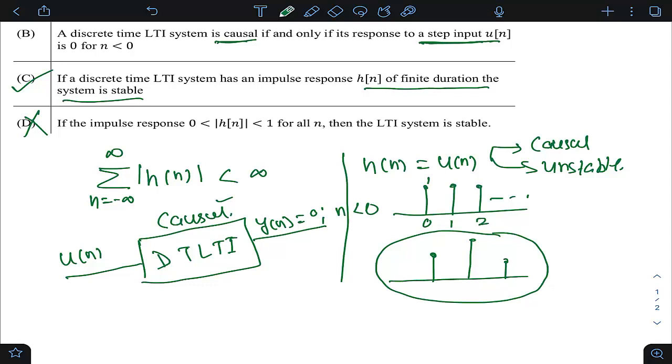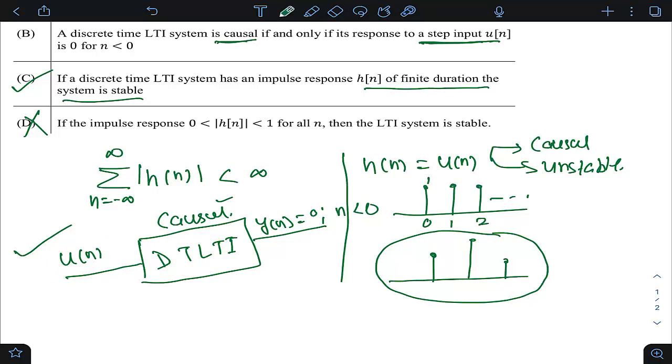Now whether it is true or false, this is definitely a true statement based on the lower limit property. If you are convolving this with the impulse response, the sum of these lower limits will be the lower limit of y of n. We know that u of n starts with n equal to 0.